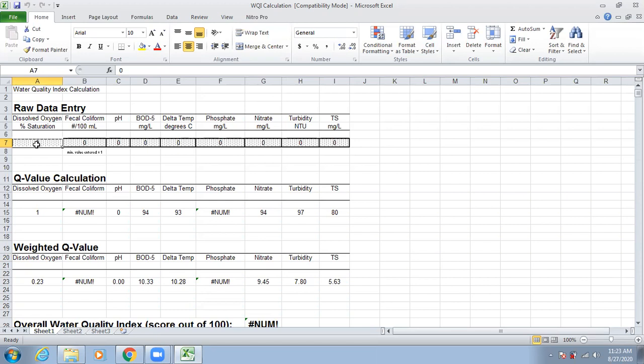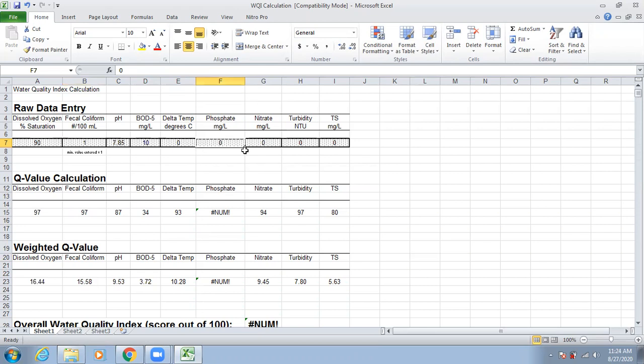Here you need to calculate the saturation percentage of DO. Suppose DO is 90% saturated in that water, and if you do not have fecal coliform per 100 ml, then you have to put at least one. The minimum count should be one, otherwise your water quality will not be calculated. And pH value, suppose it's 7.85. Your BOD, in case of any river water, is 10, and there is no change in temperature, so you will put 0.